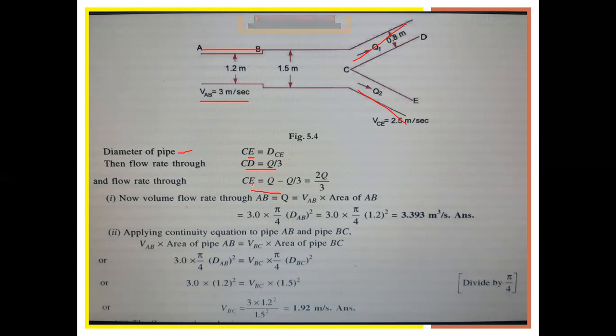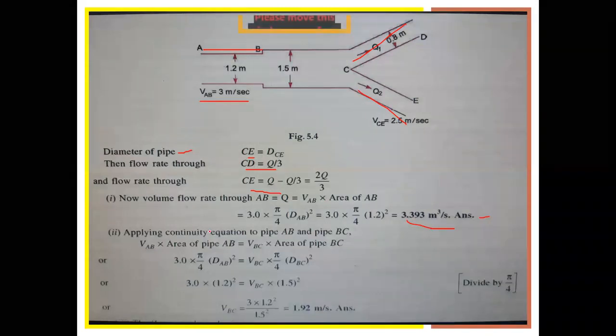Now substituting those values, Q is equal to 3 into pi by 4 DAB square, because you have V into A. That implies 3 into pi by 4 into 1.2 to the power of 2. Substituting this, we get the rate of flow AB equal to 3.39.